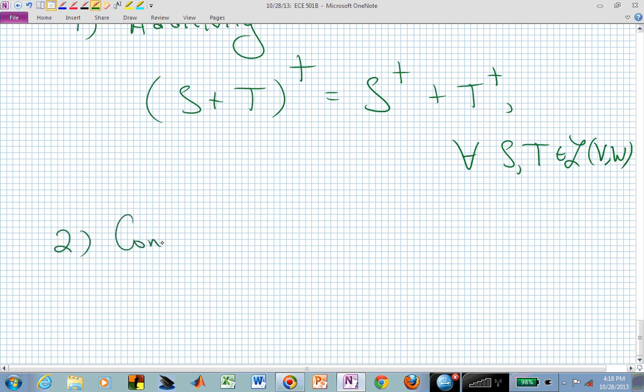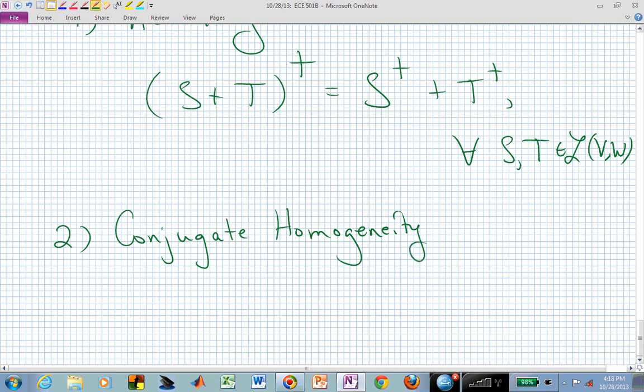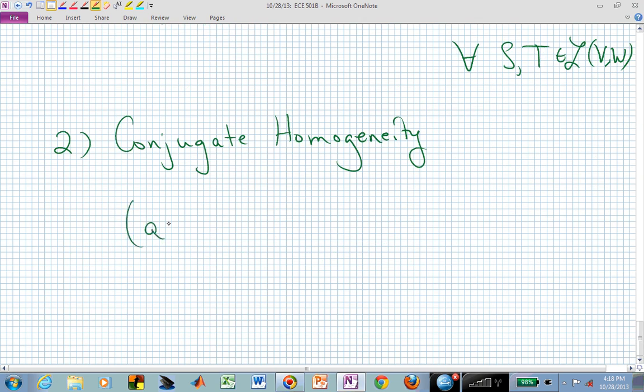Second property is the conjugate homogeneity property. And that says if I take a scaled version of our linear map T and take the adjoint of that, then I get the scalar's complex conjugate scaling the original map's adjoint.